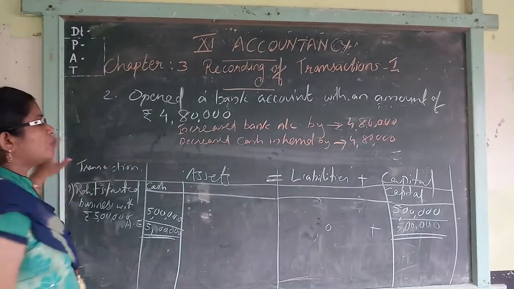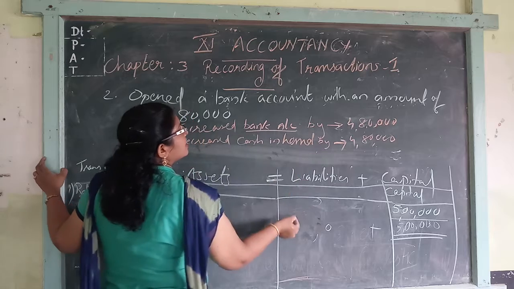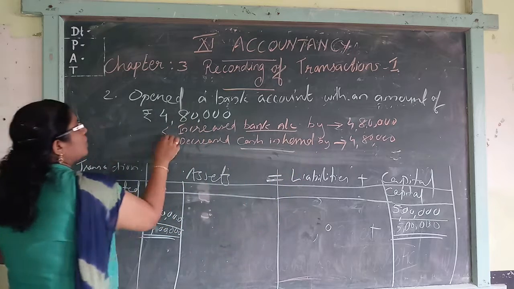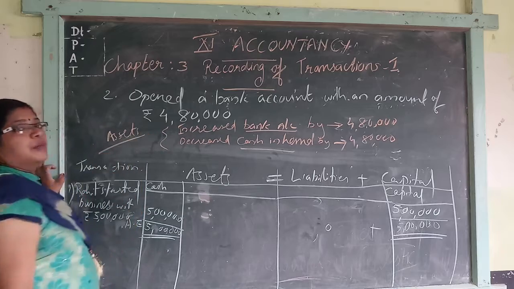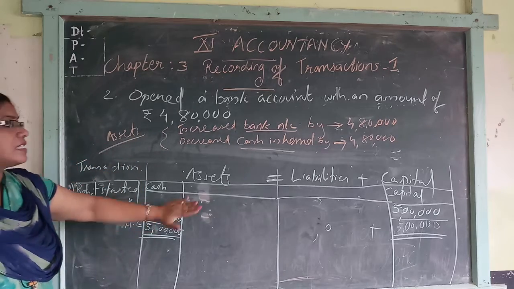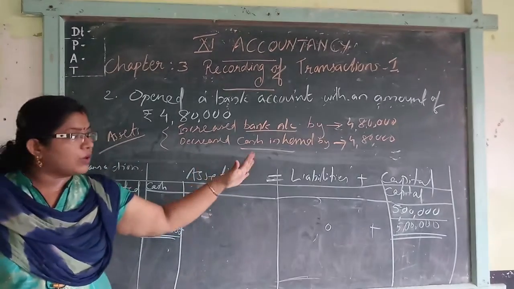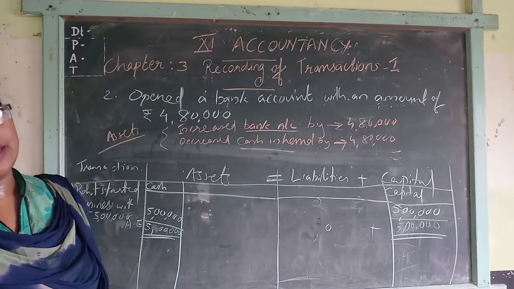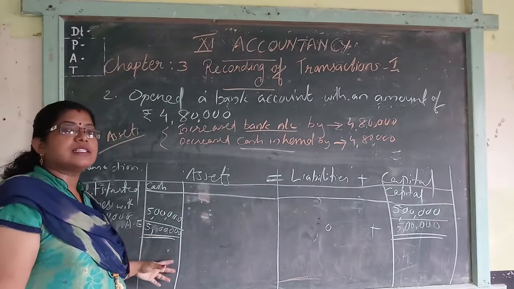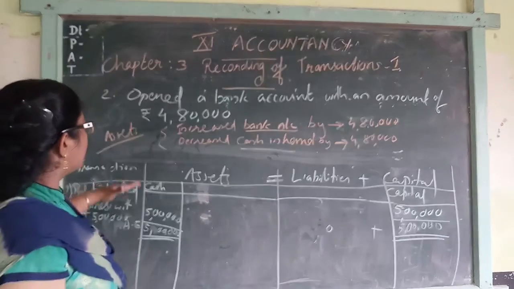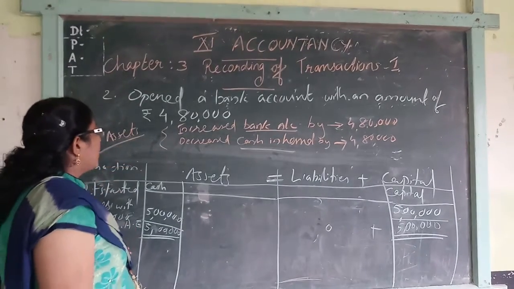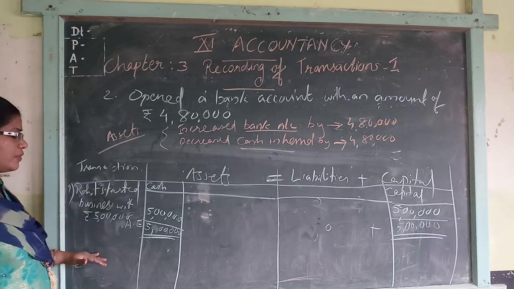Bank account balance and cash in hand are both current assets, and both affect the asset side only, not liabilities or capital. One asset is increased, another asset is decreased. So what can we write for the equation?